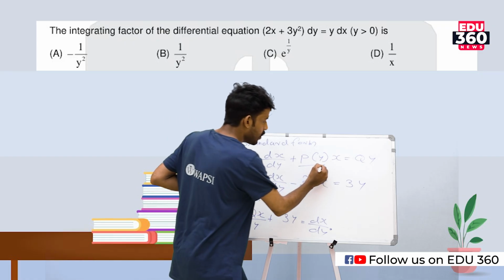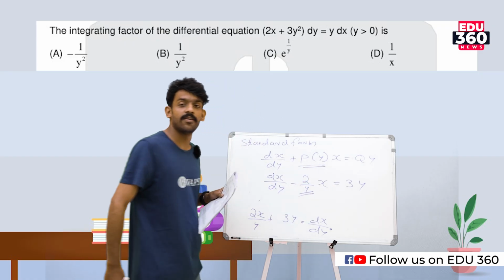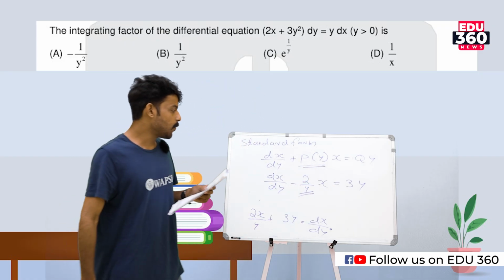Now look at here, P(y): the value of P(y) is equal to -2/y.